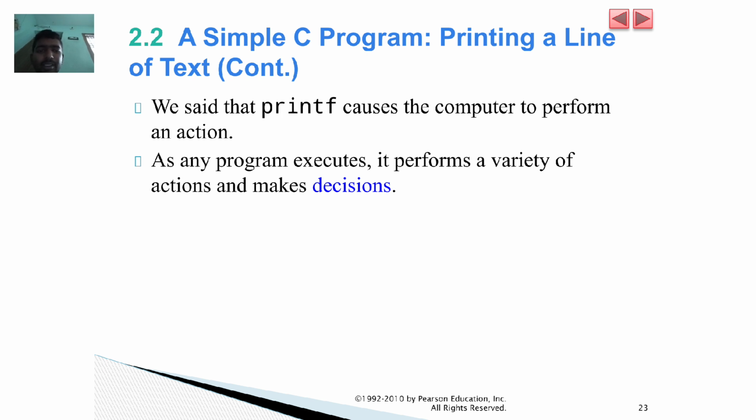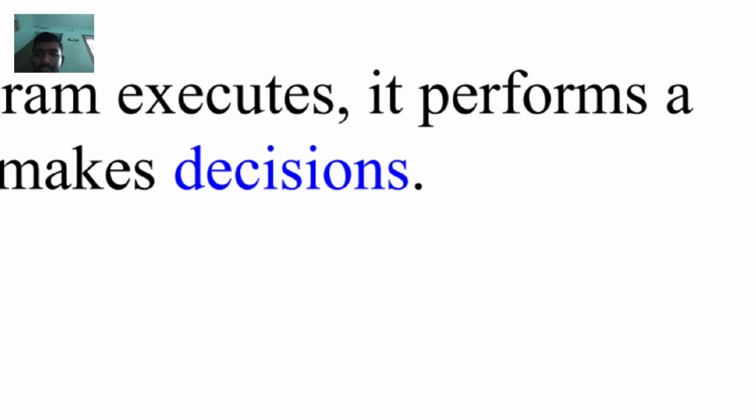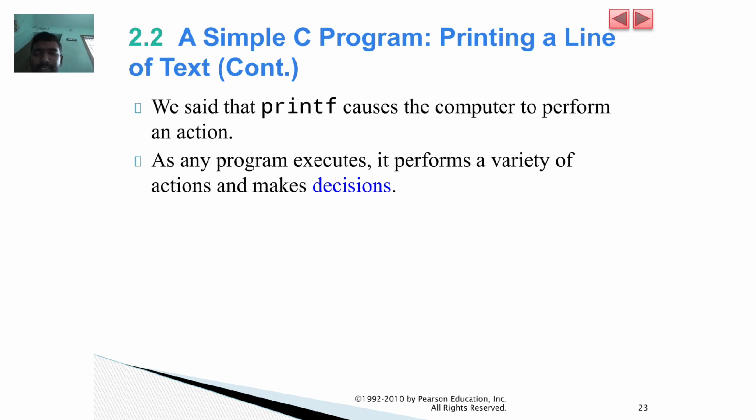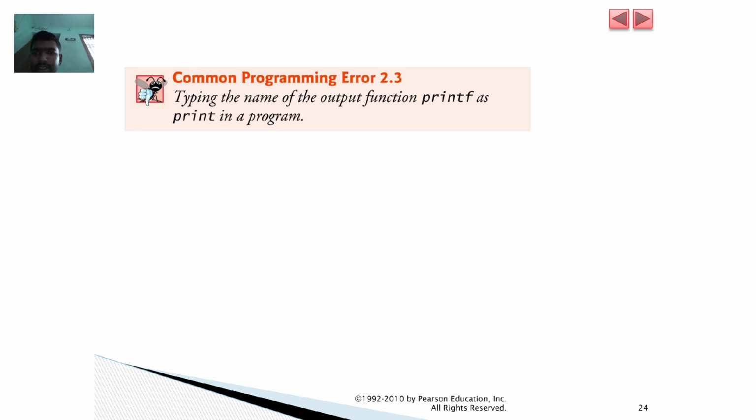We said that printf causes the computer to perform an action. Any program executes and performs a variety of actions and makes decisions. As we are making decisions that should be replicated onto the screen, we use printf. This is the most common mistake of everyone.